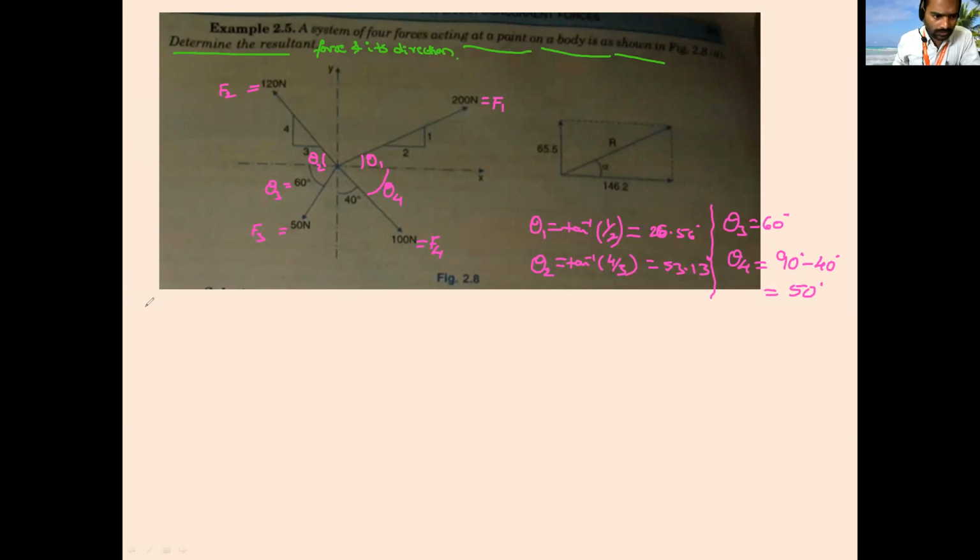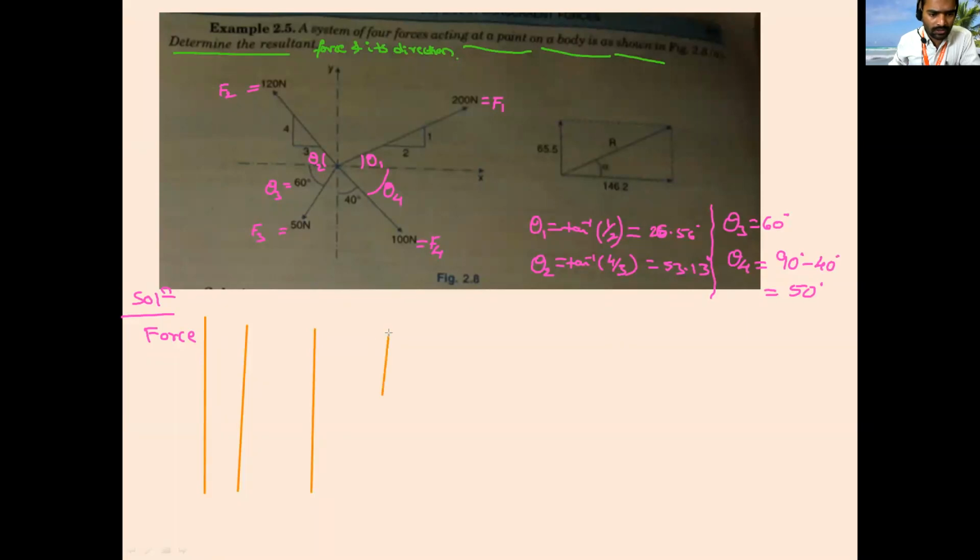So how to find the solution? First, what do you have to write? It is force. Second, you have to write the theta value. Then the third one is cos theta, that is the x component.